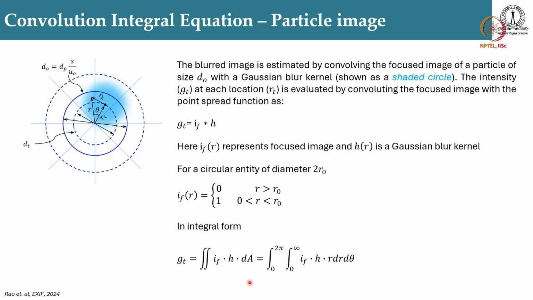But we will do this for the whole space of the image, because the Gaussian kernel is a smooth kernel without any sharp boundaries. So it asymptotically approaches 0 as r tends to infinity. So here we have a bound of 0 to infinity in the radial direction, and because we are doing this throughout the space, in the angular direction it will be 0 to 2 pi. So this dA can be represented as dr into r d theta, which is just a standard way of doing it.